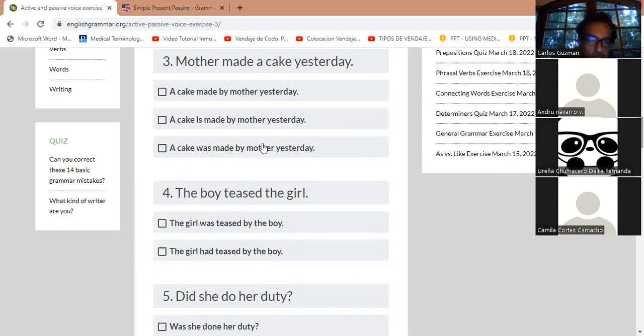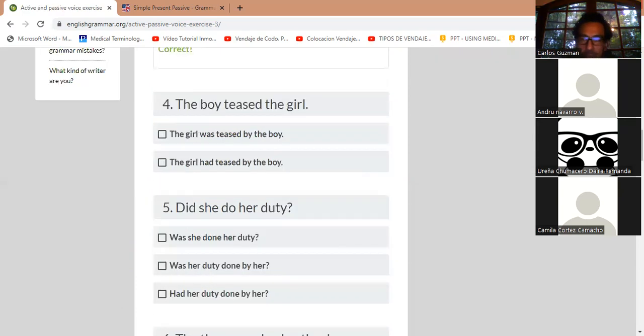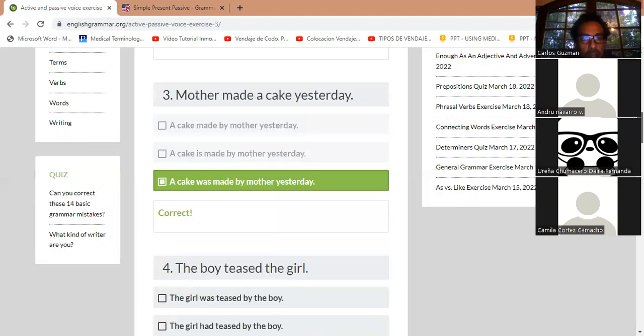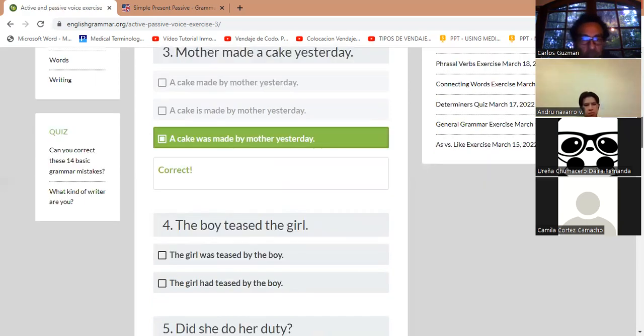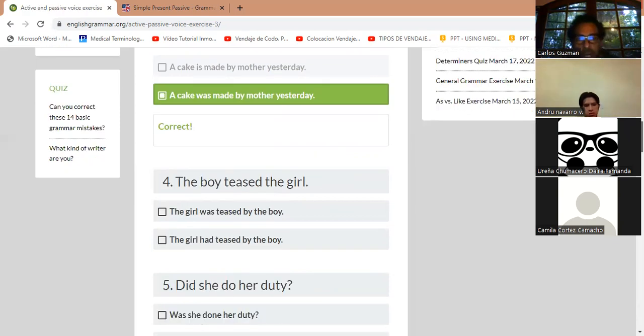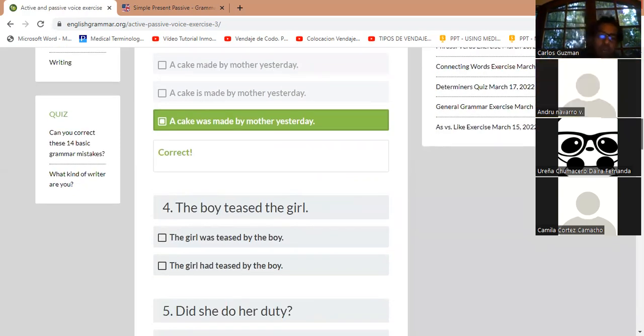Very good. Good job, right? A cake was made by mother yesterday in the passive voice. Good job. Mother made a cake yesterday, active voice. Mother is the subject, it's doing the action. She's making the cake. A cake is being made by my mother, meaning that the cake is the subject now, but it's receiving the action. My mother is making it. Good.